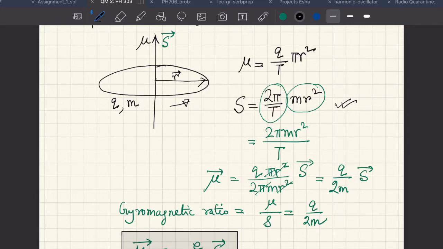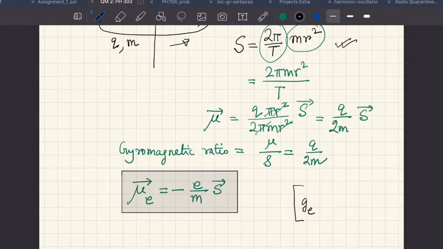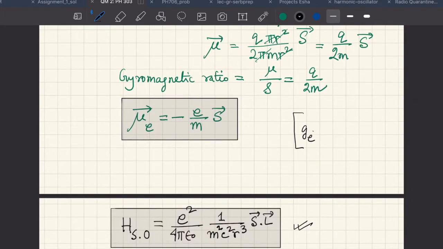In fact, if you do that calculation, GE, of course this is just a side remark, do not take it seriously at the moment because we are not going to discuss this in the course. This GE is going to be 2 plus alpha by pi plus dot dot dot. In fact, it is not exactly 2, rather it is 2.002 something.